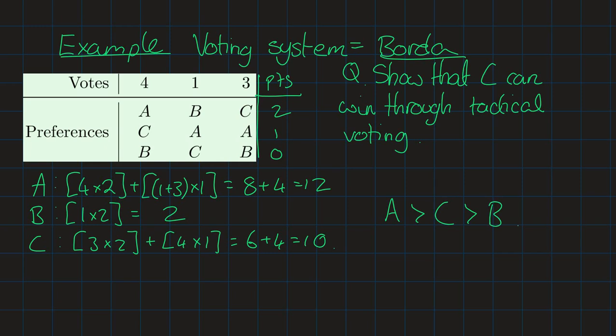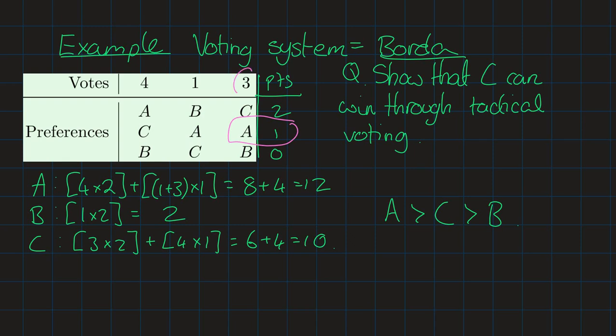Okay? And now you're trying to think, how can you tactically vote so that C wins? Well, if you consider these three voters here, they want C to win. A is actually their second best choice. But notice that by listing A in second place, they actually give A points.